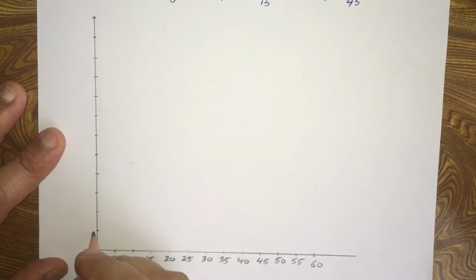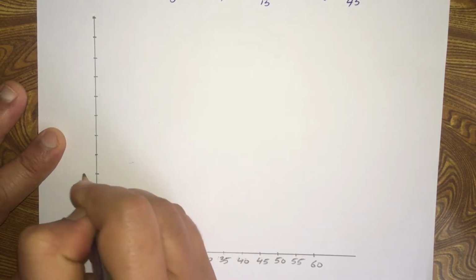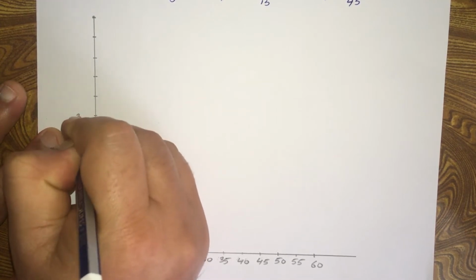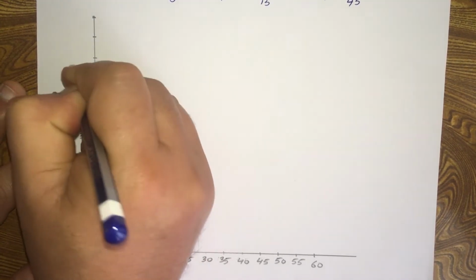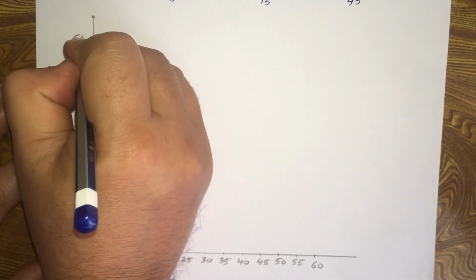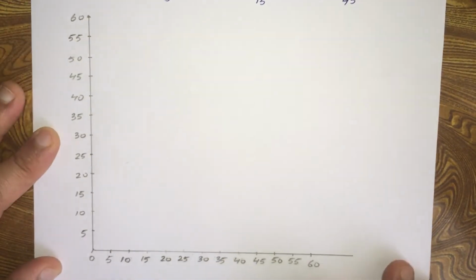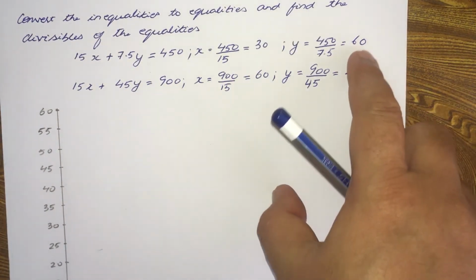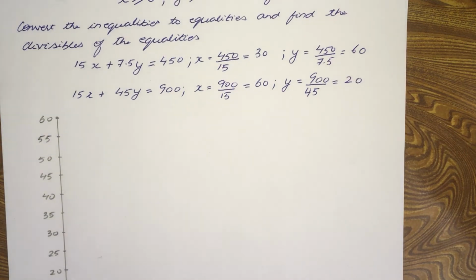Alright, same thing for this, so this is 5, 10, 15, 20, 25, 30, 35, 40, 45, 50, 55 and 60. Okay, this is the highest number, 60, so we leave it at 60.